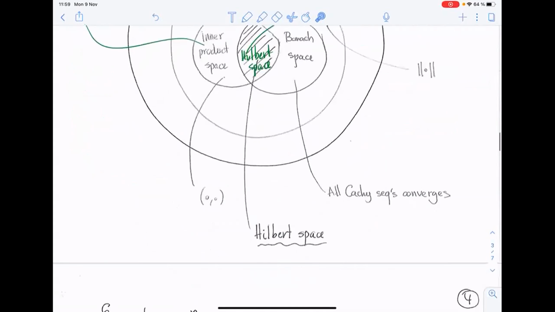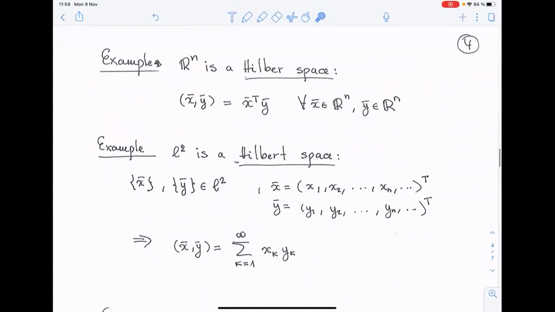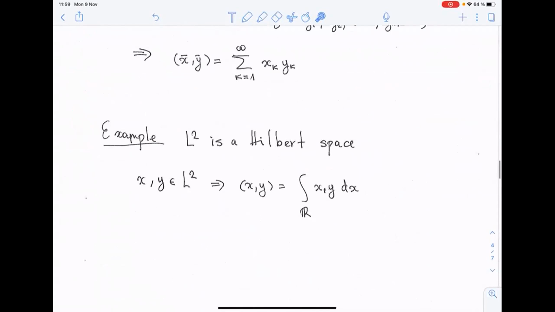Okay, so there are some examples of Hilbert space. The most well-known one that we use here is the L2 space. L2 space is the space of all square integrable functions. If you define the inner product as this, it is going to be a Hilbert space, because, of course, additionally you have to prove that all Cauchy sequences converge.